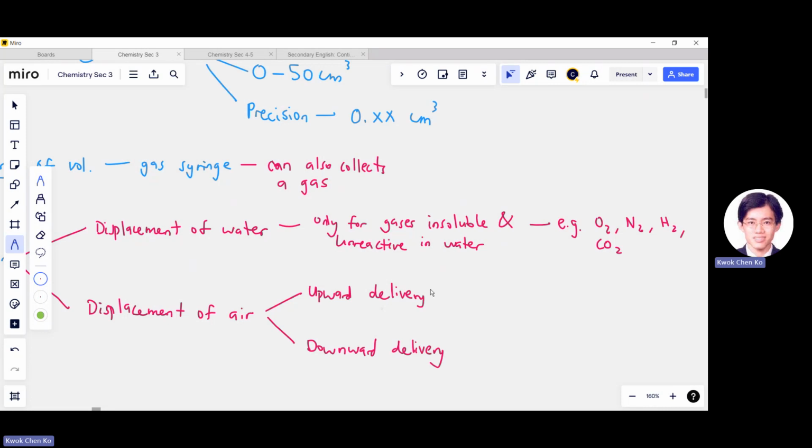Sabrina, can you remember when to use outward delivery? Okay. Outward is for gases less dense than air.